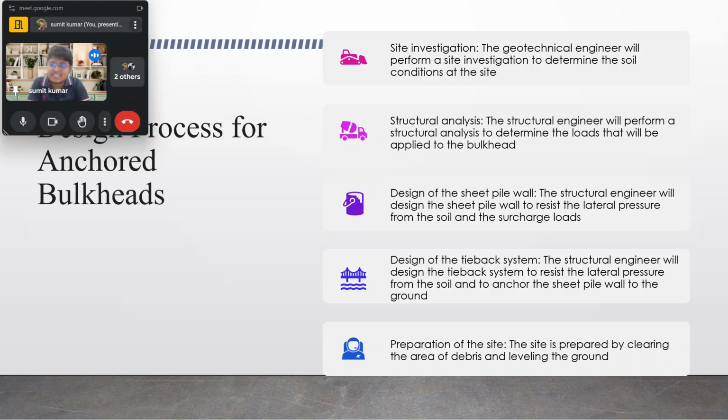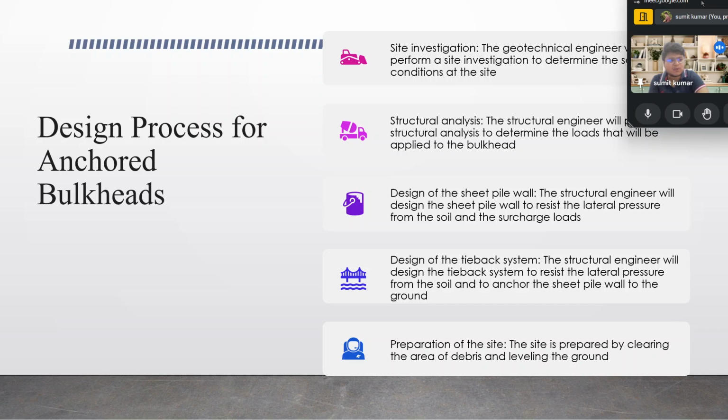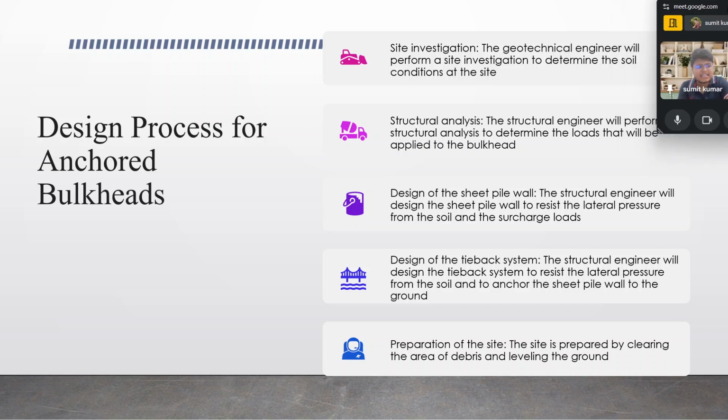We perform different tests like the SPT test and plate load test, and we come to know the bearing capacity. We determine the maximum dry density and the optimum moisture content. By performing the site investigation and the different tests associated with the soil, we come to know the properties of the soil. Hence we are able to answer what type of engineering we require to design the anchor bulkhead at that site.